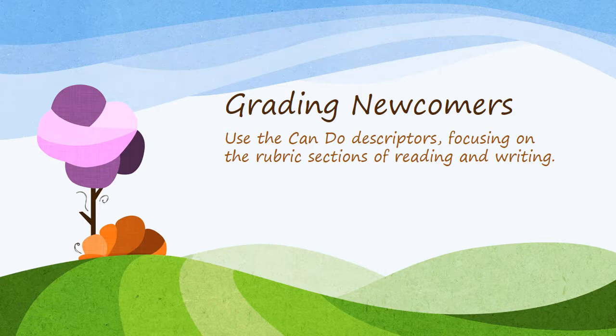Specifically, you can look at the reading and writing section of your can-do descriptors. We included the speaking and listening just so you have a reference of what you can expect out of your students. Not that you're grading them on their speaking or listening skills, but when you're creating assessments or when you're communicating with them, at least you have an idea of what to expect and how to communicate effectively with these students.